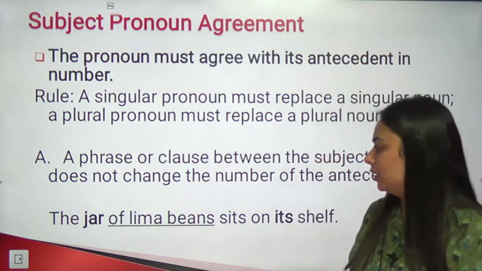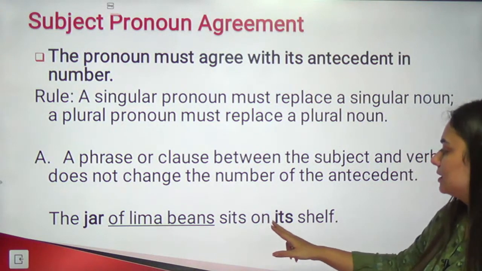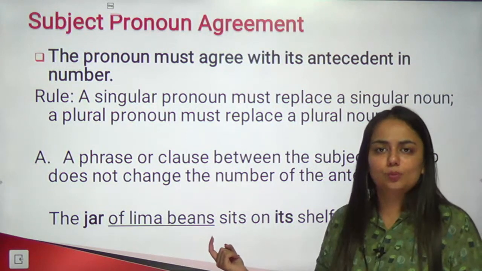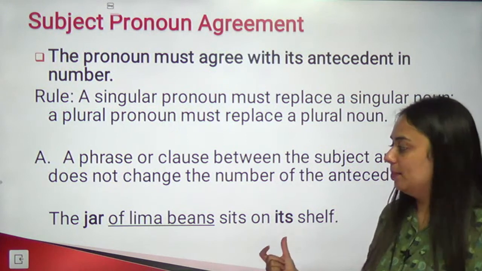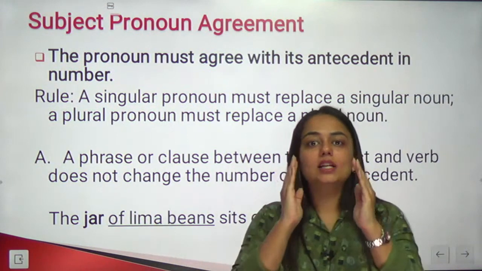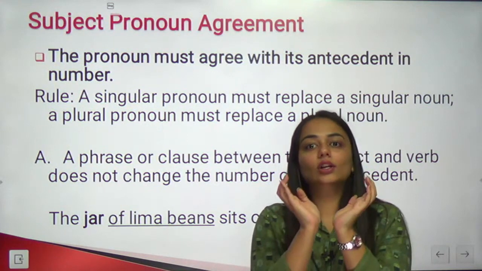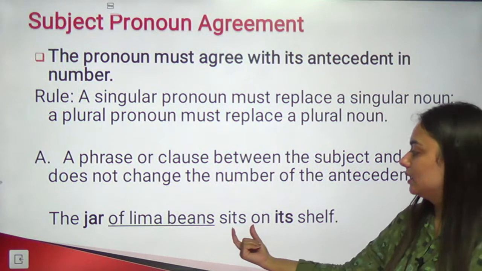Look at this example. The jar of lima beans sits on its shelf. अब आप एक बार के लिए देखोगे कि beans तो plural है, तो pronoun भी plural use होना चाहिए. But हम बात किसकी कर रहे हैं? हम jar की बात कर रहे हैं जिसके अंदर बहुत सारी lima beans हैं. So the jar is sitting on the shelf, which means the jar of lima beans sits.